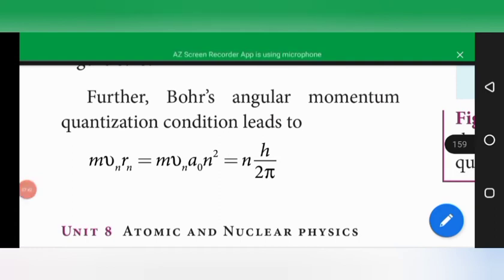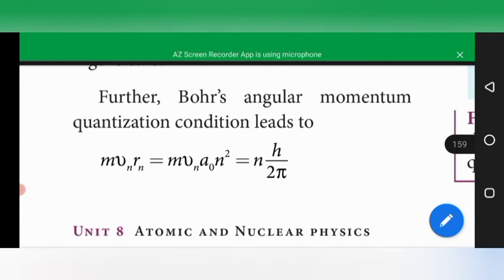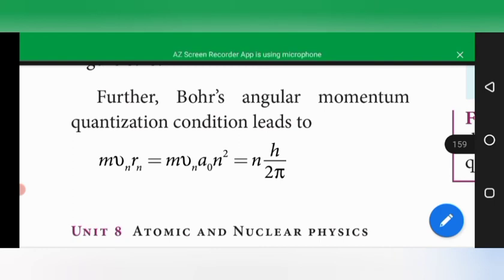So next we want to find out the velocity of an electron. So according to this Bohr's angular momentum quantization, mvr is equal to, so m v, the r value is a naught n square. So according to this equation, that is also equal to n h by 2 pi. So we want to find out the velocity value. Vn is equal to n h by 2 pi into a naught n square by m.